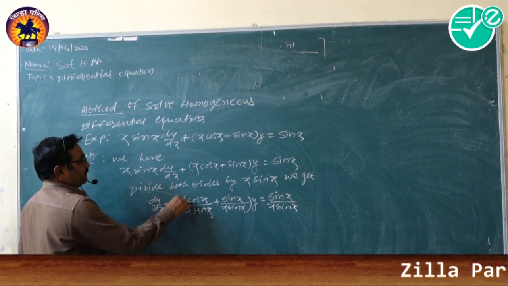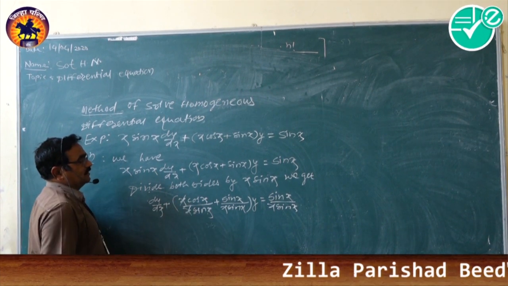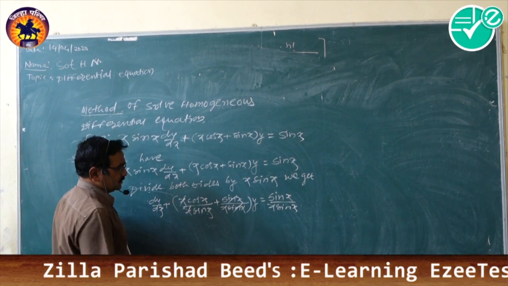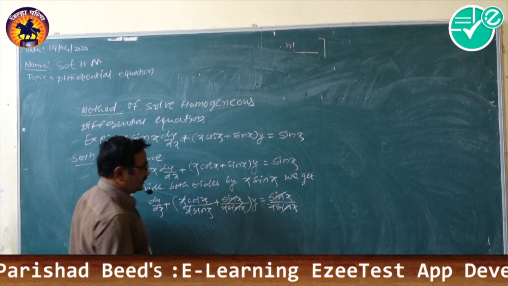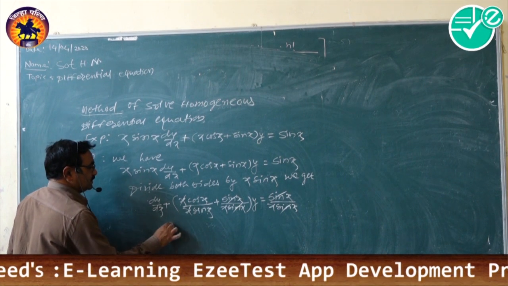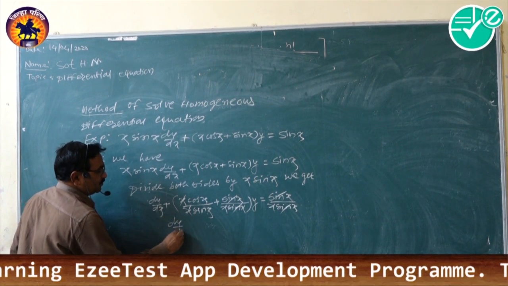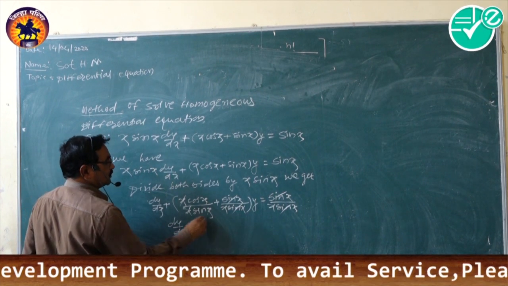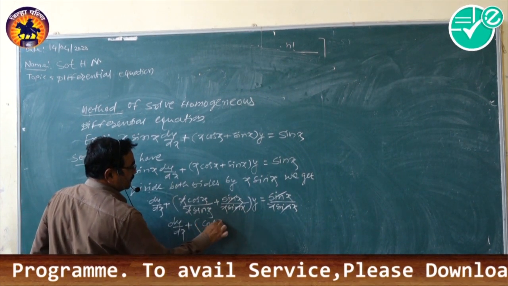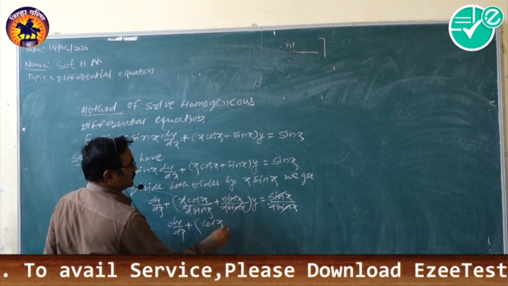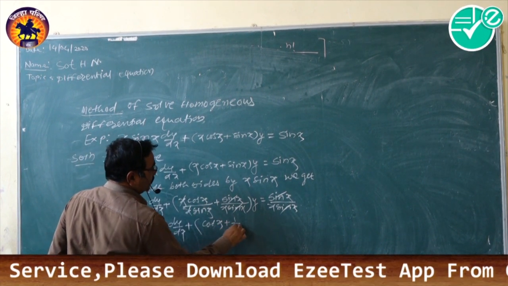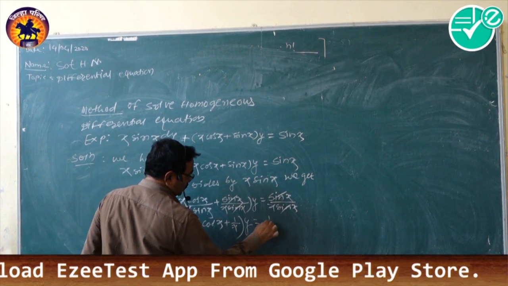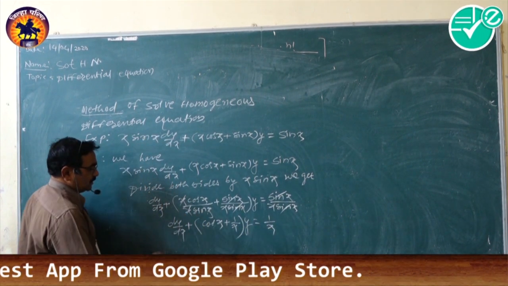Then this x and x cancel. Here sin x cancels. This equation becomes dy by dx plus cot x plus 1 upon x into y equal to 1 upon x.